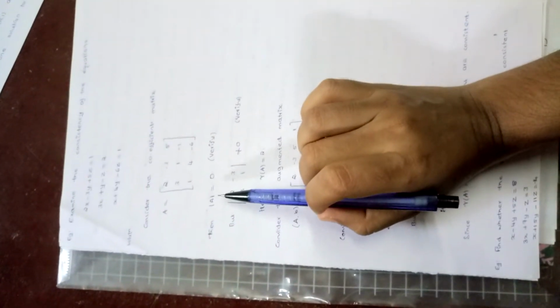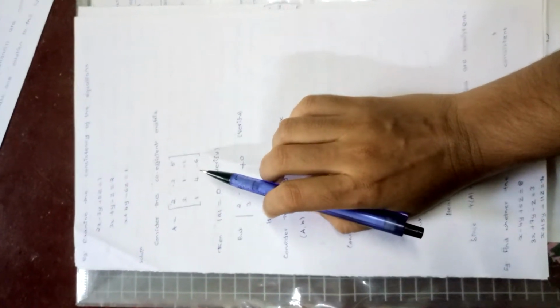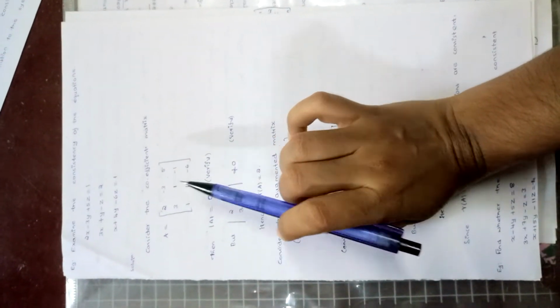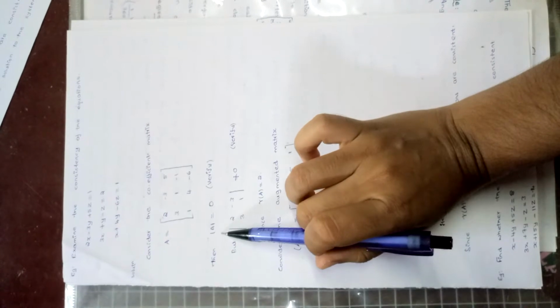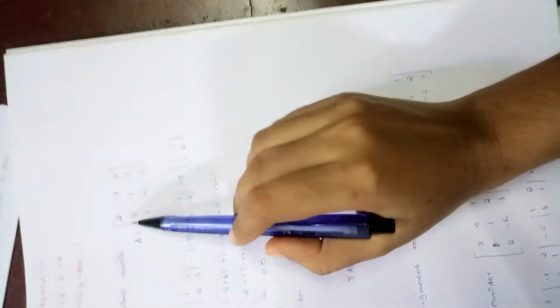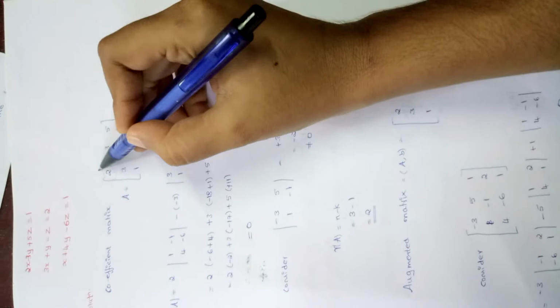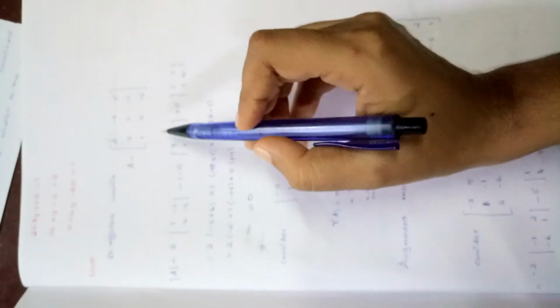Now to check whether the system is consistent, we need to find the rank of the coefficient matrix and the augmented matrix. To find rank, we need to find the determinant. So first let us find the determinant of A. We delete the first row and first column, so the remaining is this.